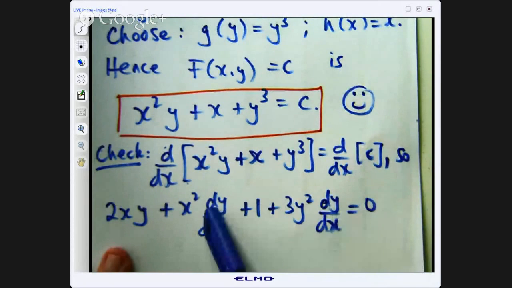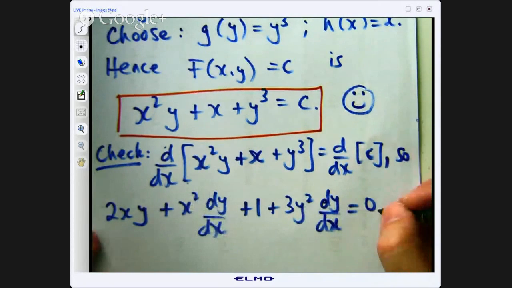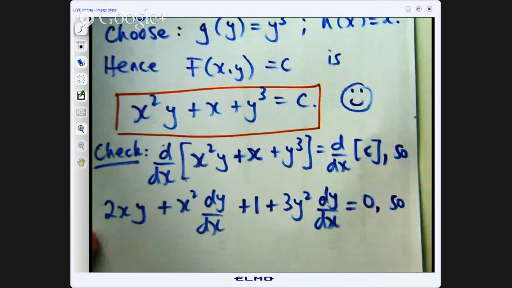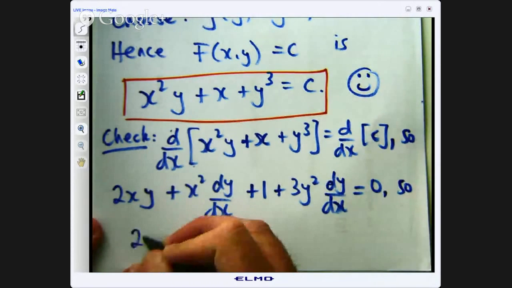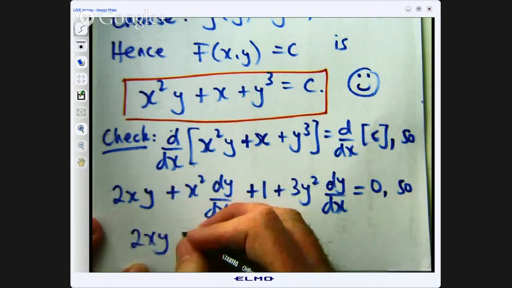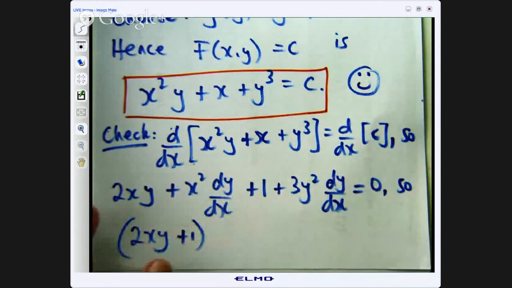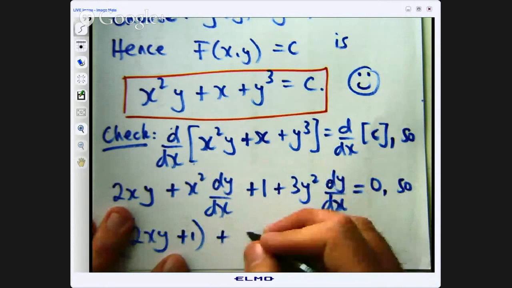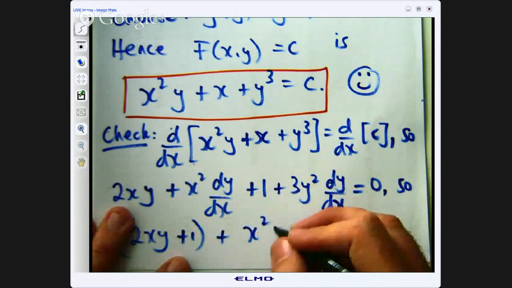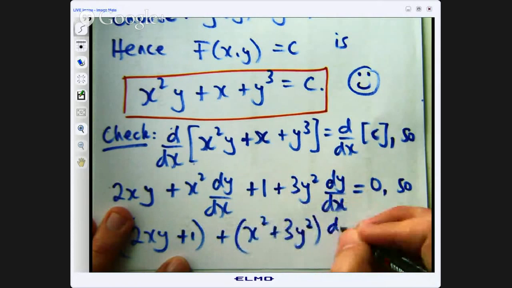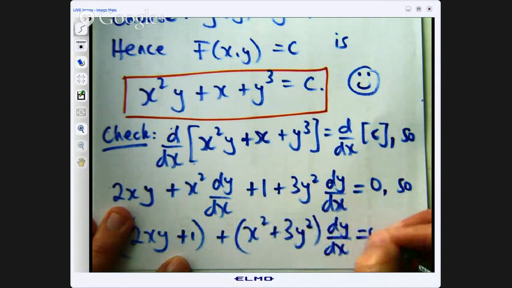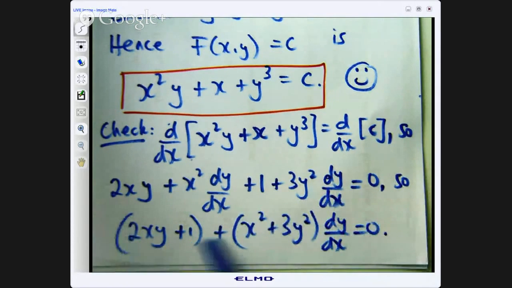Now, I can put these derivatives together. So we get the following: 2xy plus 1. We're going to bracket those up, and I'm going to put the derivatives together in one bracketed case. Okay, now that's what we get.